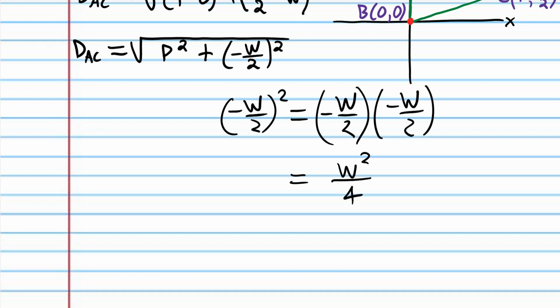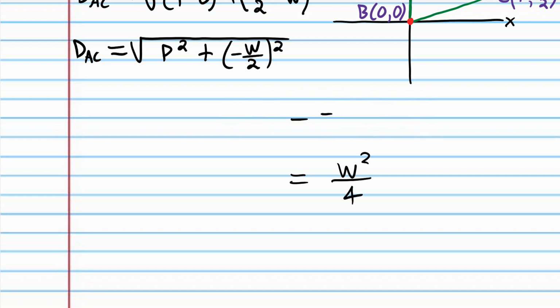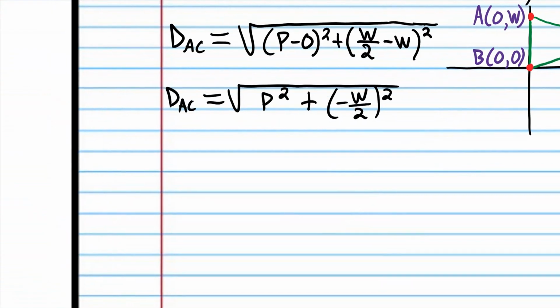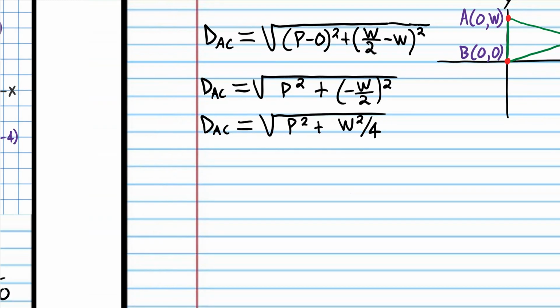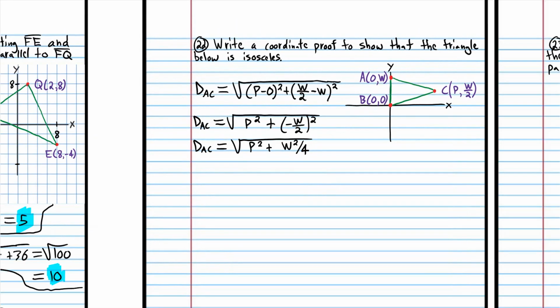Again, this is just basic algebra. We may not have done problems that are quite this same variation, but it's the same concepts in pre-algebra and beginning algebra. So we have P squared plus W squared over 4. And that's the distance. We really can't do much more with that.